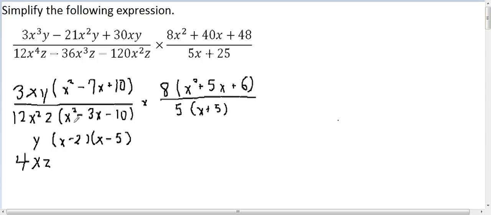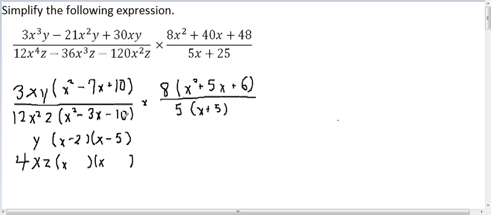Next, let's factor this polynomial, x squared minus 3x minus 10. Once again, the leading coefficient of 1 tells us that we can start by factoring this polynomial into x and x here. Once again, we have 10, so we know we either have 1, 10 or 2, 5. This minus sign tells me that we either have plus and minus or minus and plus.